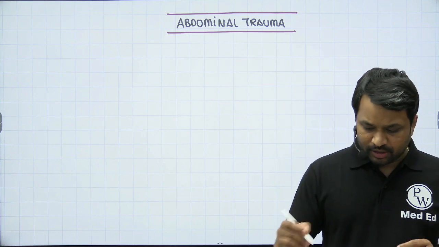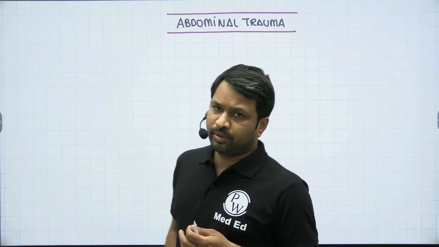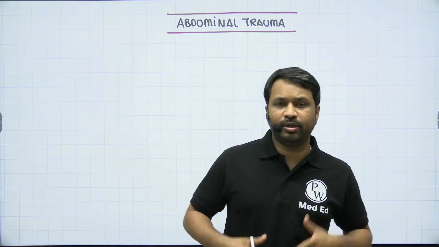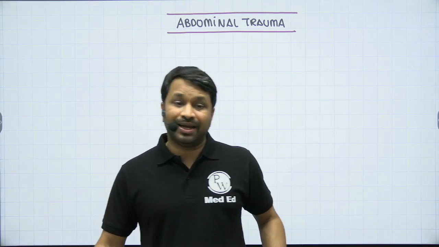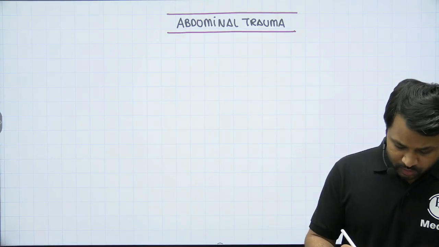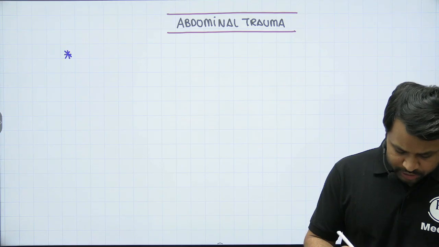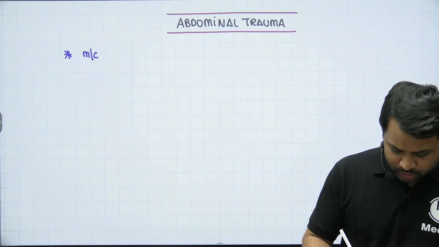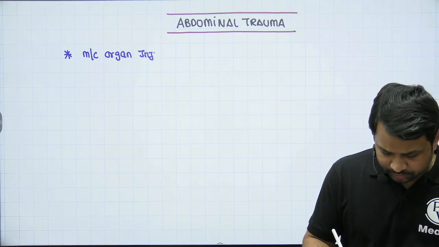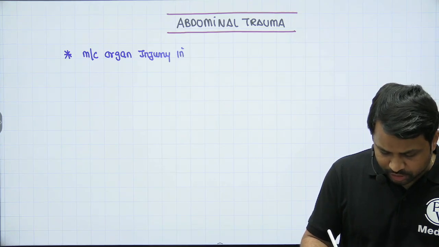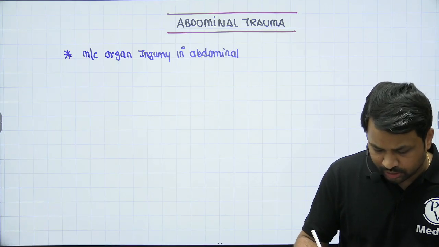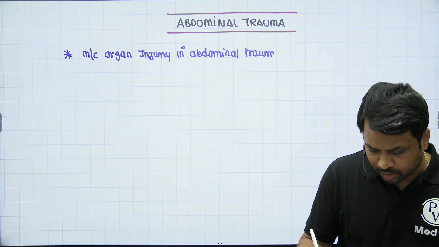Now, a couple of important things as you look into abdominal trauma: when you look at a specific injury in the abdomen, you need to know what specific organ might get damaged in a particular phenomenon, right? For example, what is the most common organ injury in abdominal trauma overall?